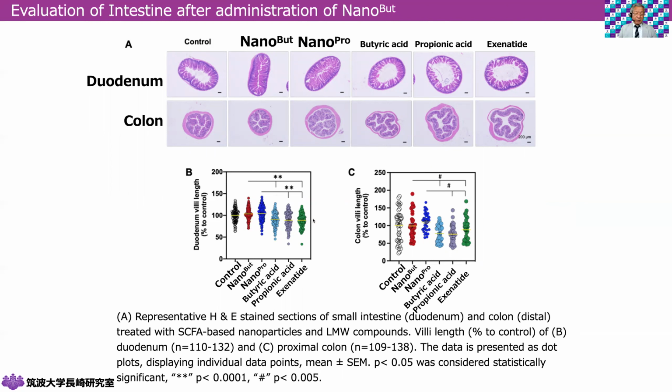Exenatide also decreases the villi length, which is reported by other publication. Although this is injected subcutaneously, colon also shows a similar effect. So this is probably due to the acidic nature of low molecular weight acid like this.